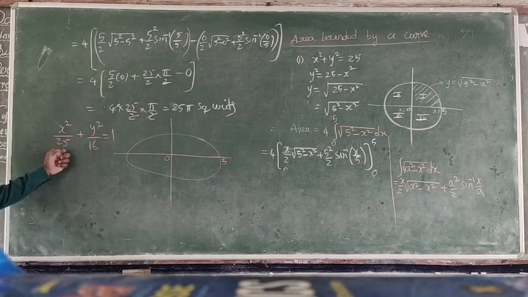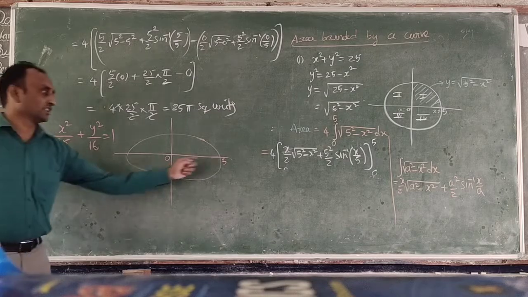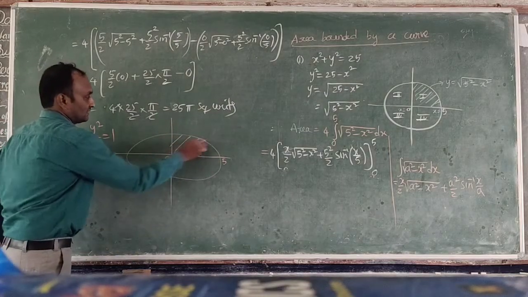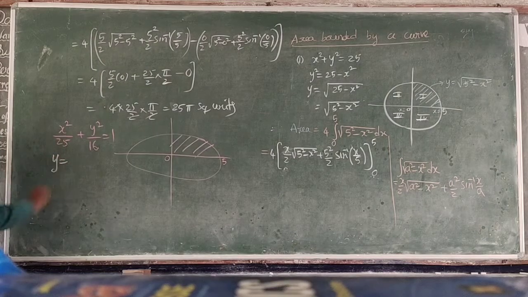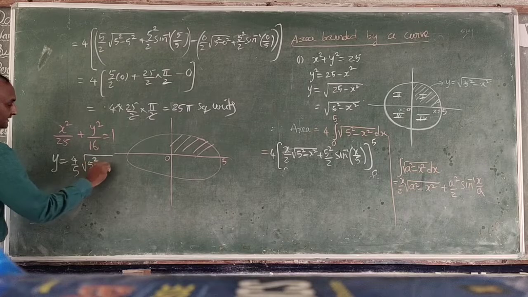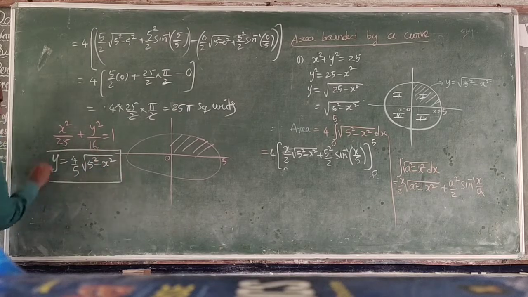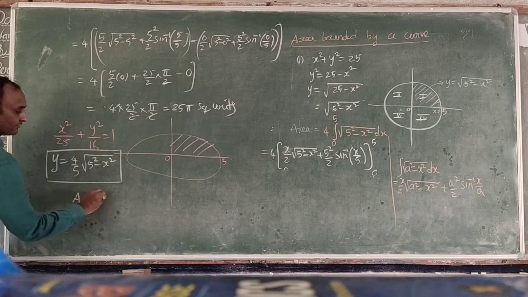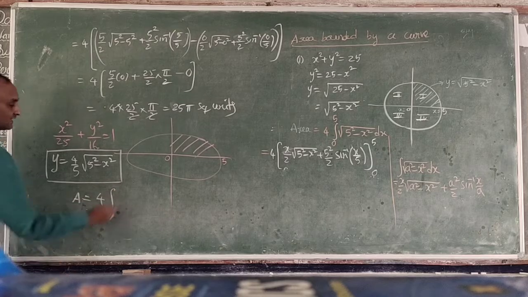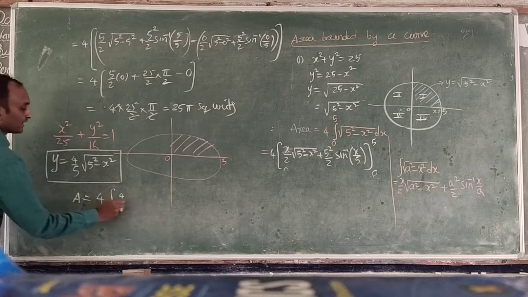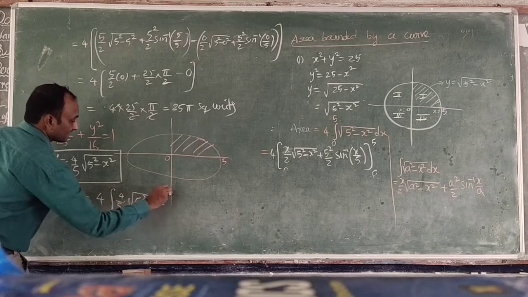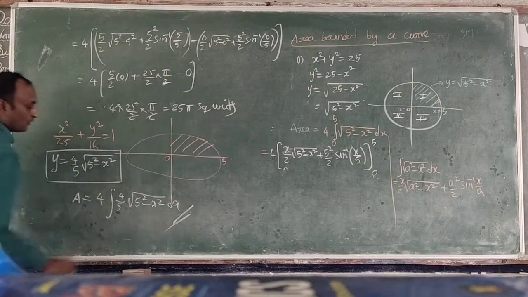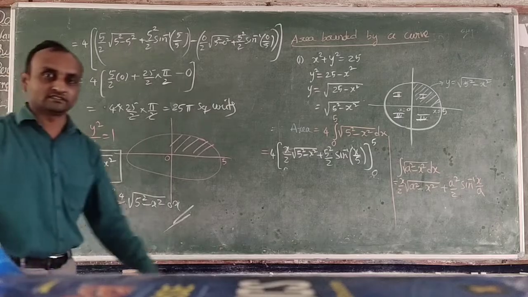Find this area by expressing y as 4 by 5 root over 5 square minus x square. After simplification you get this. Then area will be 4 times the integration of 4 by 5 root over 5 square minus x square into dx. Then evaluate it, you get the answer.